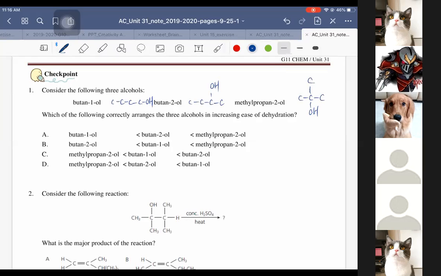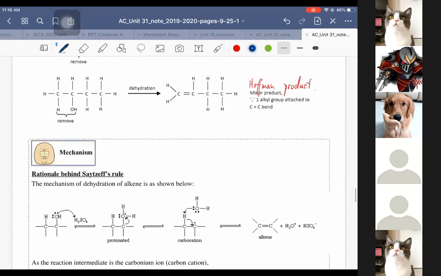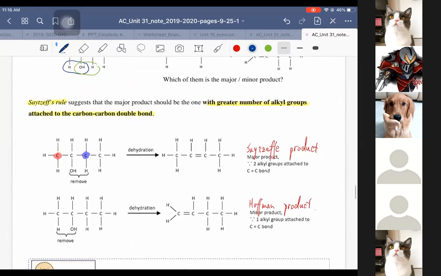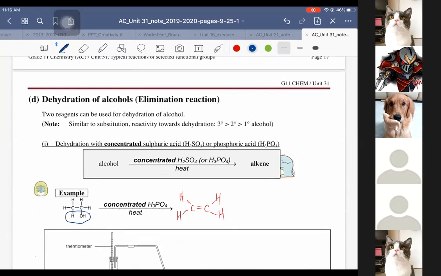So here, which of the following correctly arranges the three alcohols in increasing ease of dehydration? Okay, so check this example. Because we want to form a stable carbocation, it would be easier if we have a tertiary alcohol.